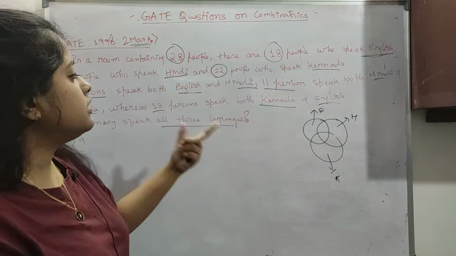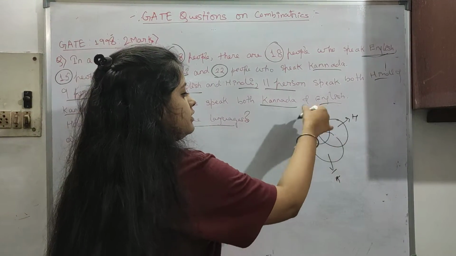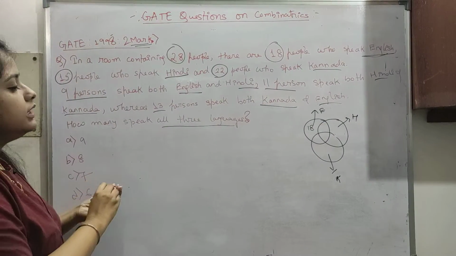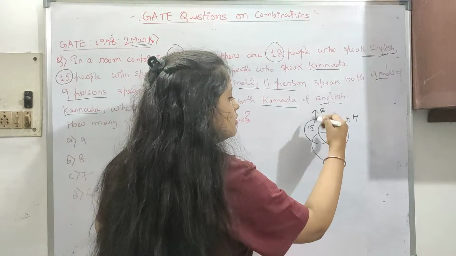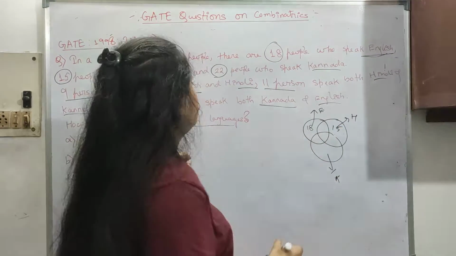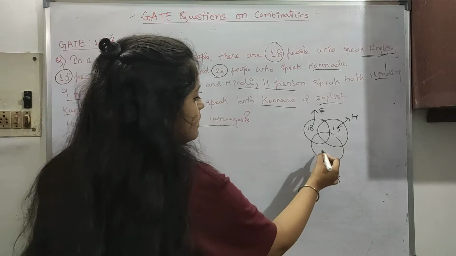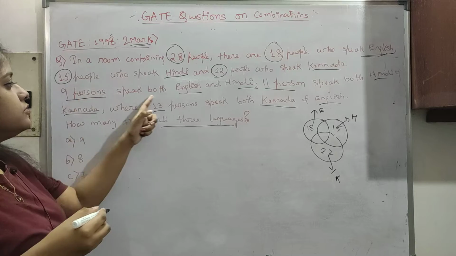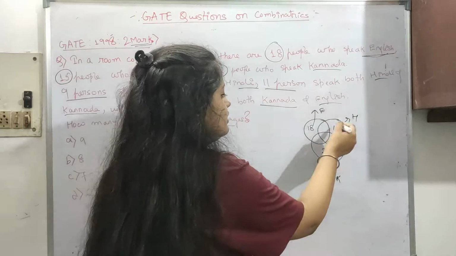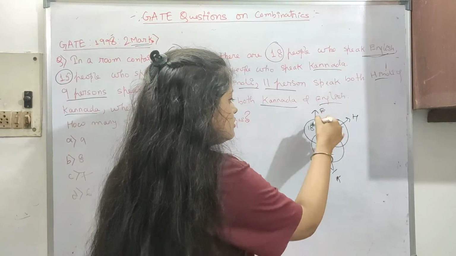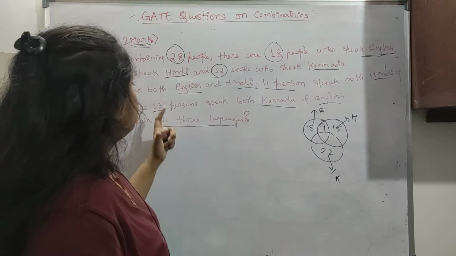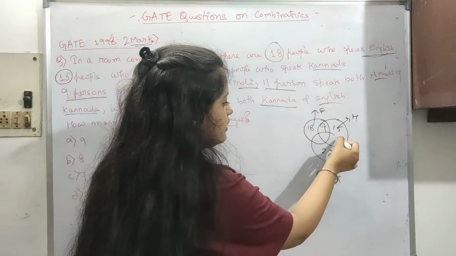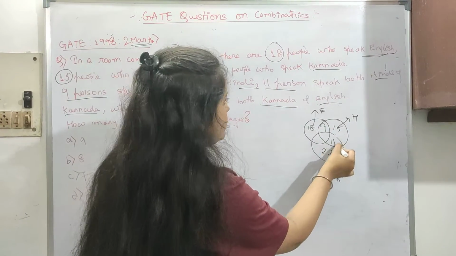The total English circle is 18, the total Hindi circle is 15, and the 22 people who speak Kannada are the whole Kannada part. 9 speak English and Hindi both, so this intersection part is 9. 11 people can speak Hindi and Kannada, so this part is 11.